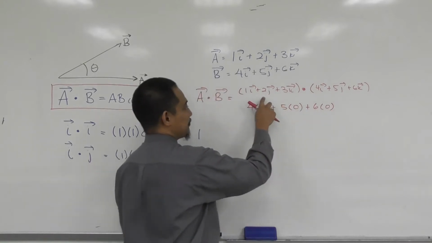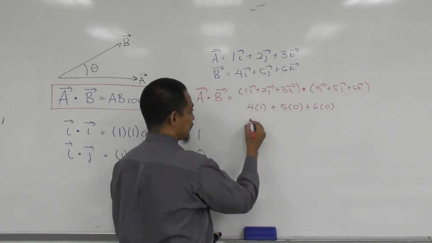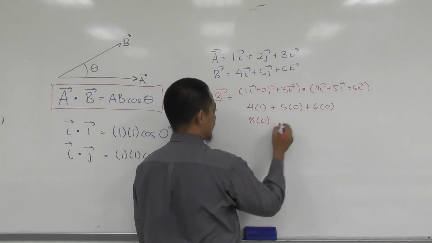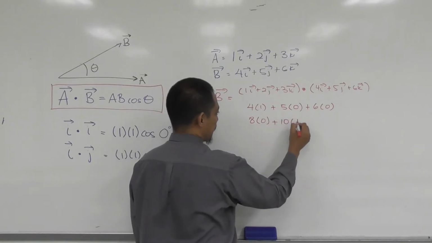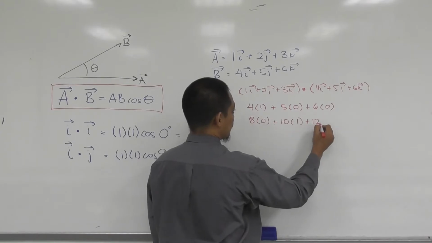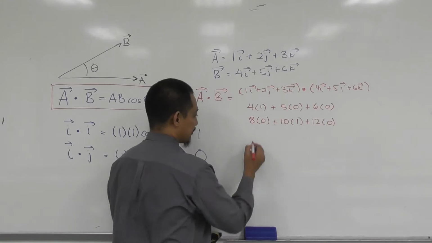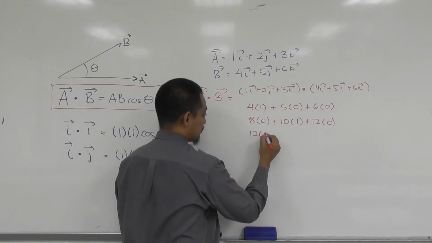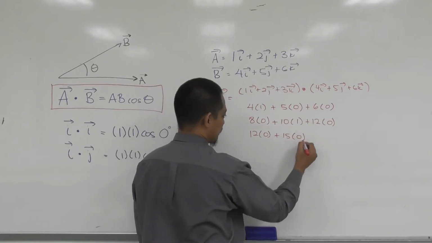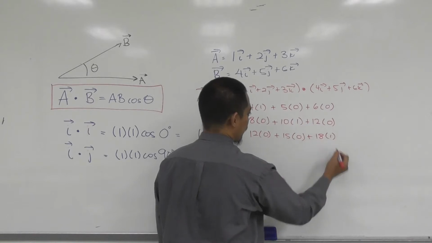And then 2j dot 4i becomes 8 times 0. 2j and 5j becomes 10 times 1. 2j and 6k becomes 12 times 0. Then 3k dot 4i becomes 12 times 0. Then 3k and 5j becomes 15 times 0. 3k and 6k becomes 18 times 1.